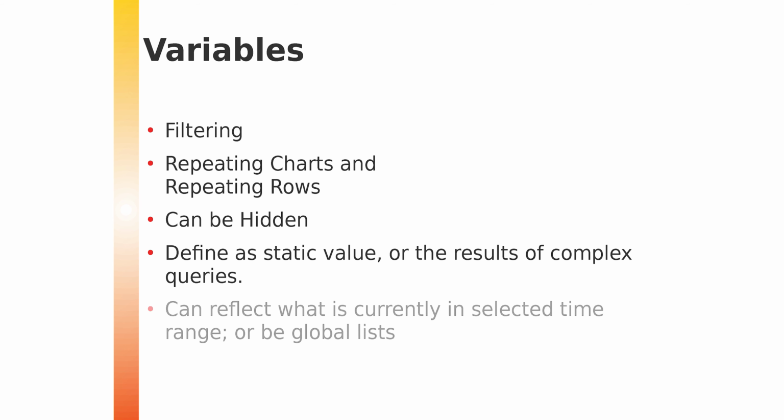So variables, I mentioned that they could be grabbing labels, but they can also be static values, and they can also be the result of very complex queries. They can reflect what's currently in the selected time range, or they could also select everything that's global. And that has a major impact on the user. And it kind of depends on your workload. But let's say that you are in a Kubernetes type environment where you have lots of pods that might come and they might go.